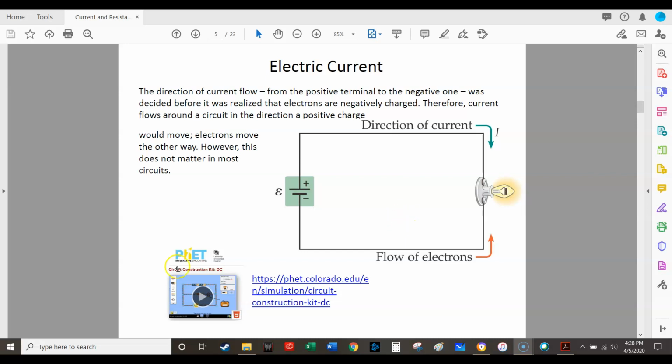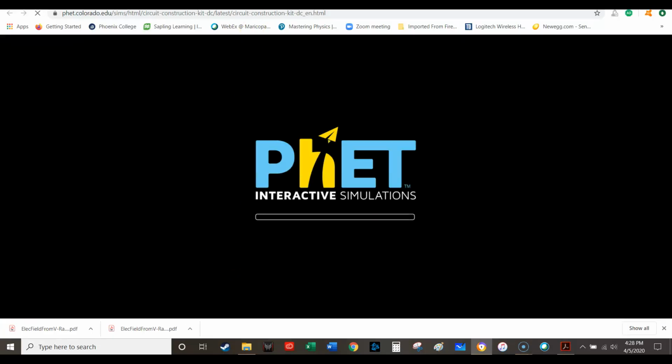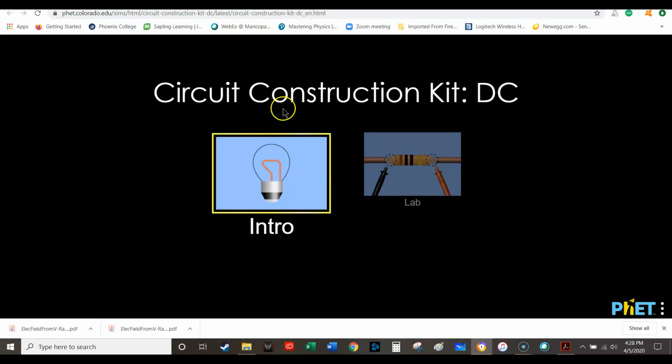Okay, so I'm going to go ahead and click on this little button right here, and it's hyperlinked to PhET circuits. I'm going to go ahead and create a mini circuit to illustrate this point. So here we go.